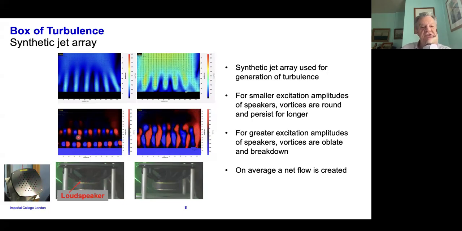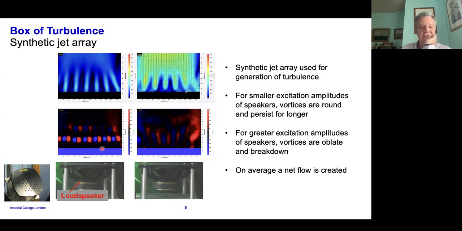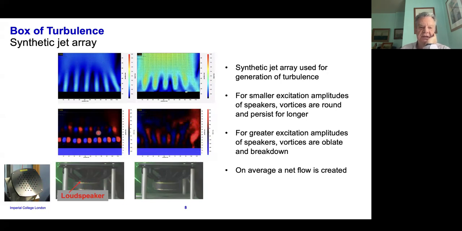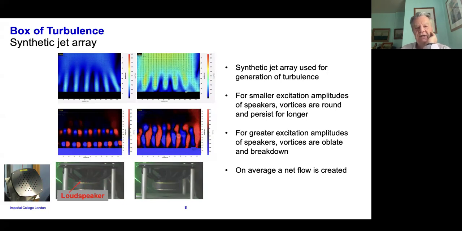And you can see a visualization of how the jets behave very close to the surface of the loudspeaker, and how different amplitudes of excitation of the loudspeaker modify the near field.